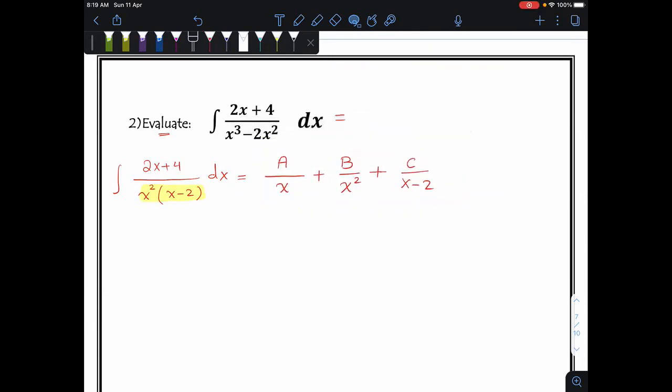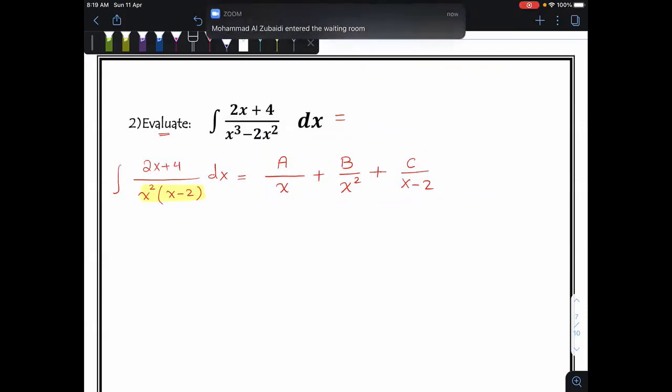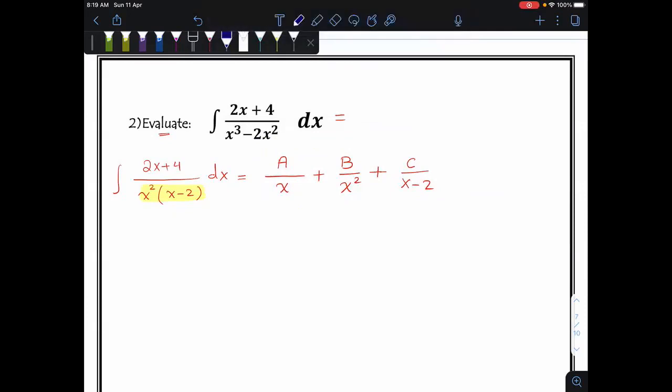Okay, let's continue here. What should we do next? We should multiply the whole equation by what? By x squared times x minus 2. I mean that multiply all fractions here and here and here and here by x squared times x minus 2.